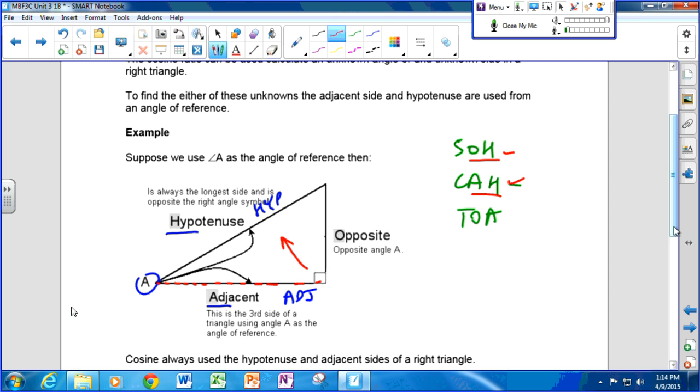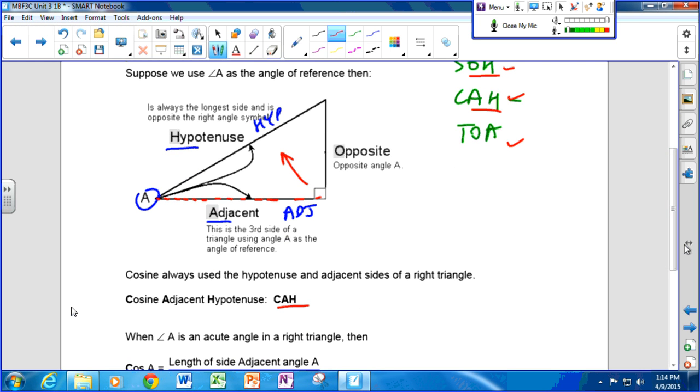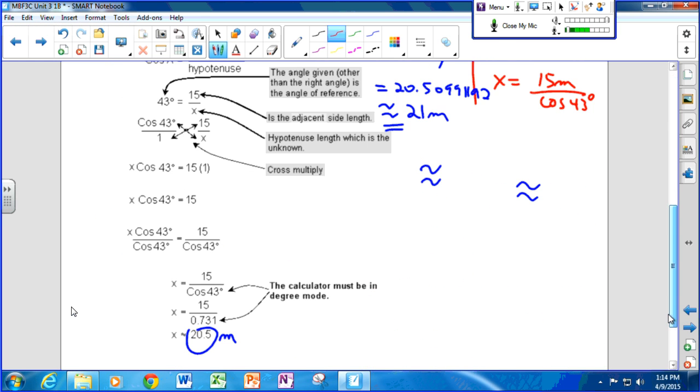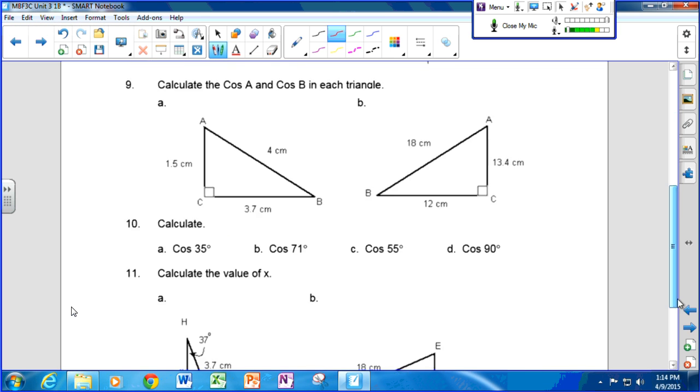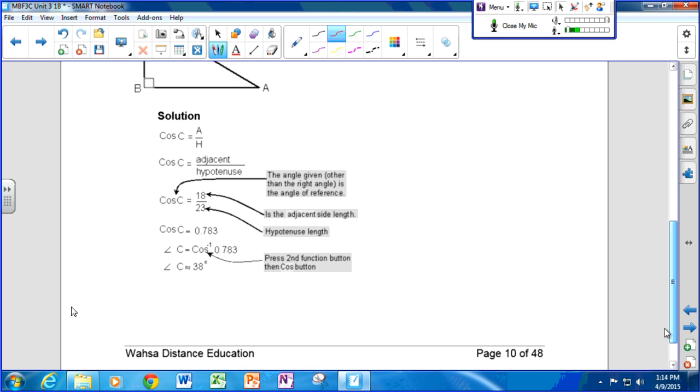So the only one that can be bigger than 1 is your tan ratio. As far as how you use the cosine ratio, it's the same, just using a different side. And if you want to find an angle from the ratio itself, then of course you use the inverse cosine, which is shown right here on page 10.